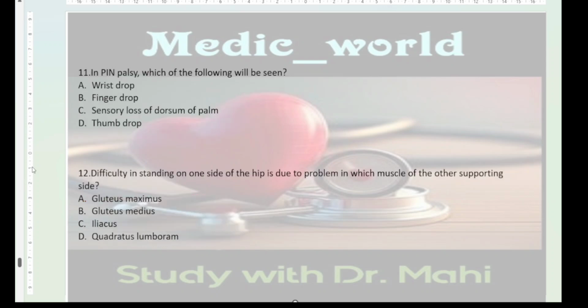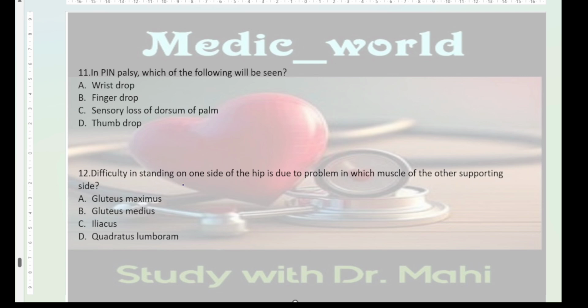Now, the next question. In PIN palsy, that is posterior interosseous nerve palsy, which of the following will be seen? In PIN palsy, finger drop is seen. Okay. Now, the next question is difficulty in standing on one side of hip is due to the problem in which of the following muscle of the other supporting side?